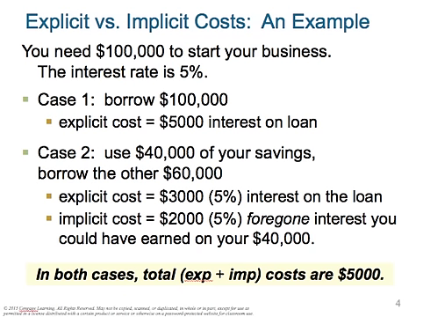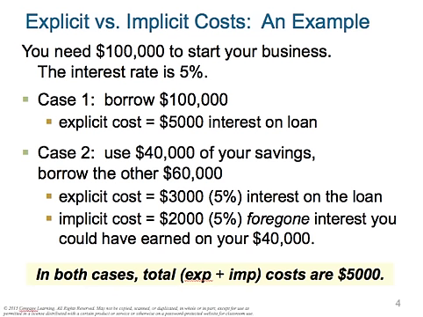So an example of explicit versus implicit costs: you need $100,000 to start your business. The interest rate is 5%. In case 1, you borrow $100,000 and your explicit cost is $5,000 interest on the loan. Again, the rate is 5% of $100,000. In case 2, you use $40,000 of your savings and borrow the other $60,000.